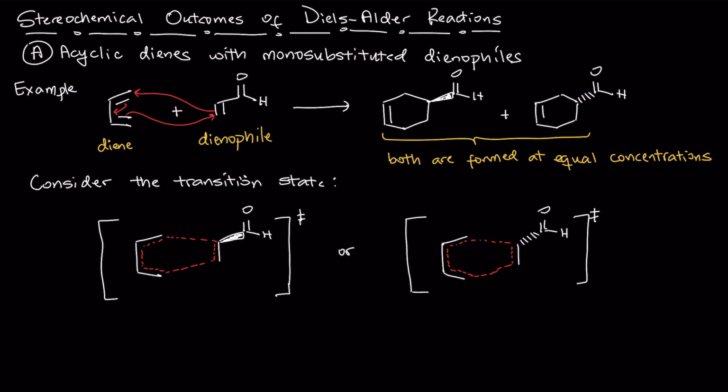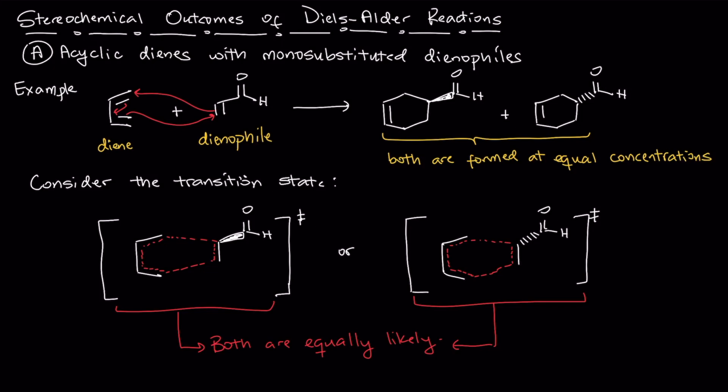And so at this stage, your aldehyde can equally be wedged or dashed, and there's really no reason why one of those two spatial positions should be favored in this particular state. And so because of that, both are equally likely, and therefore you should expect both stereoisomers of the product to be formed.